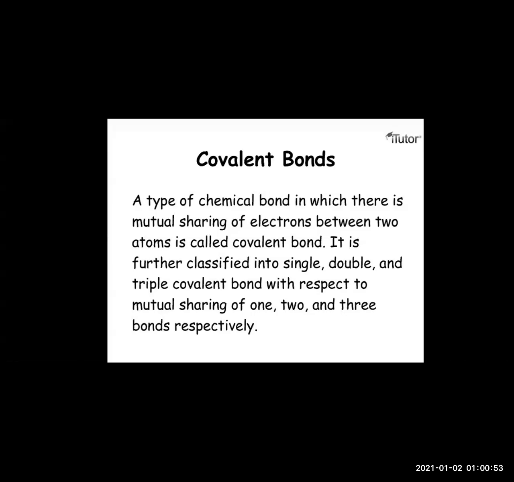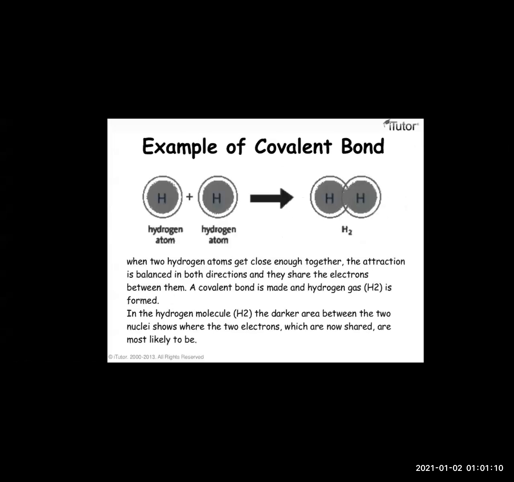Means if the sharing is between two atoms, that time we will have a mutual sharing of one. If two are there, that time two covalent bonds will be sharing the electrons. Okay, let's move towards the example.